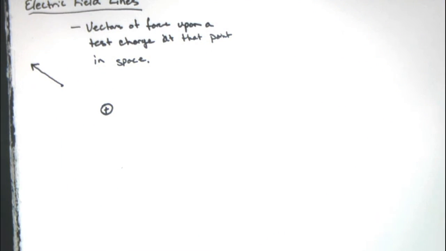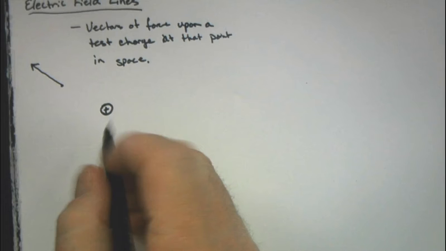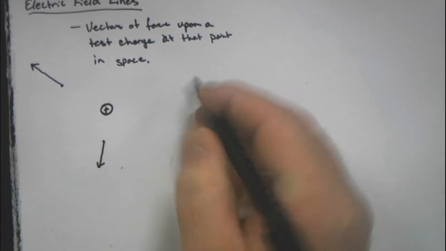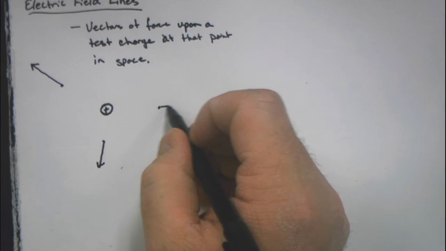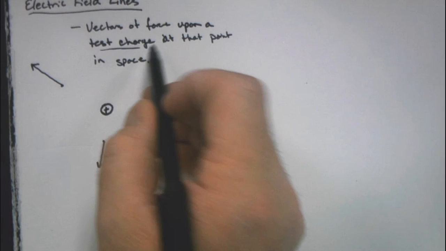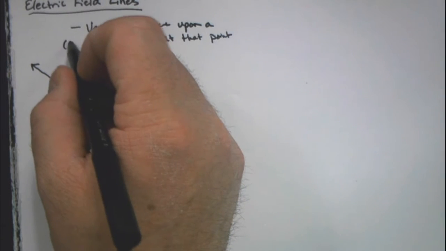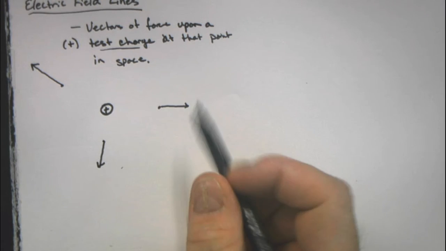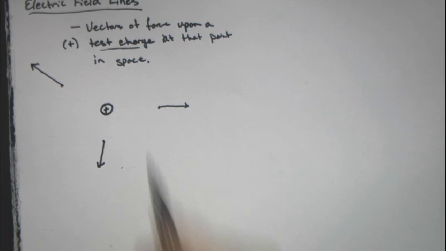So it'll experience a force in that direction. If we put one down here, it experiences a force that way. Over here, that way, because our test charges are always positive. All of the forces it's going to experience are pushing away.